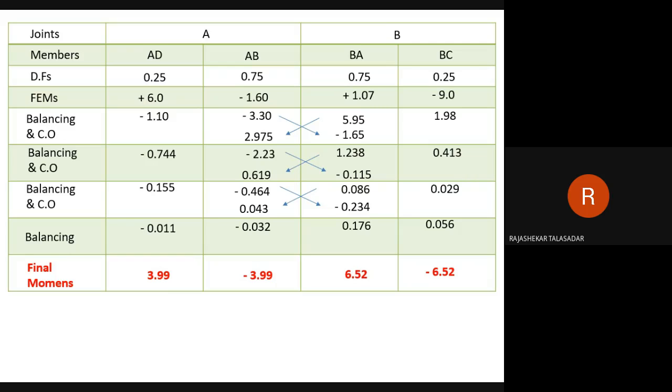Next, once you enter the fixed end moments, the process repeats, that is balancing and carryover. Now, if you want to balance this plus 6 and minus 1.6, how much? Can you do it? Quickly, 1 minute. Plus 6 minus 1.6, plus 4.4, sir. Yeah, it will be plus 4.4. So minus 4.4 will be the balancing moment.